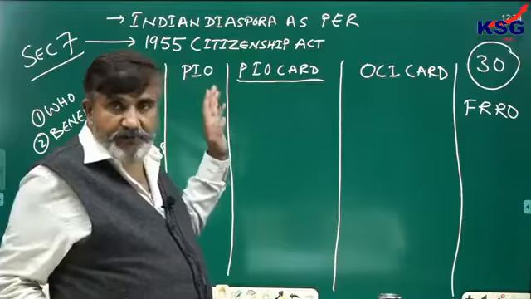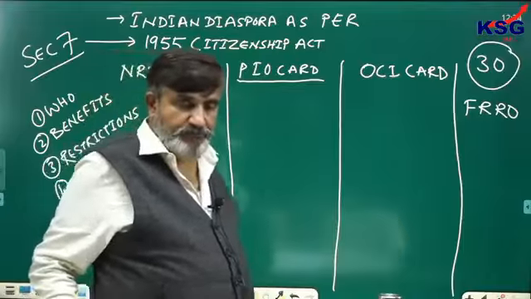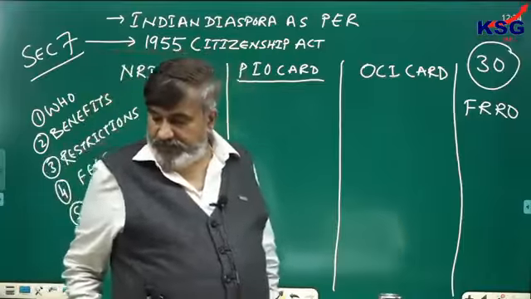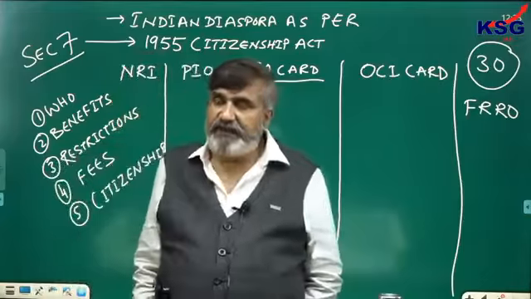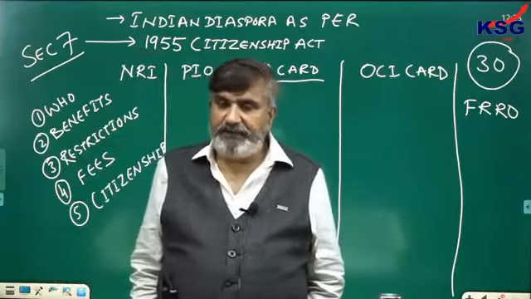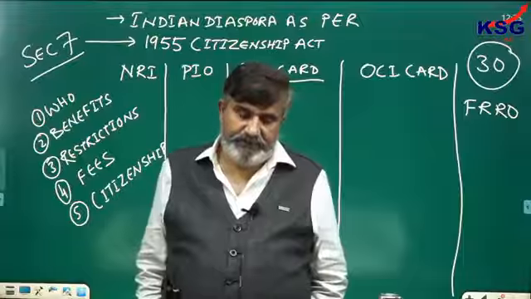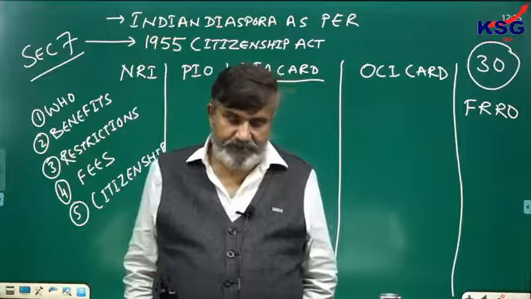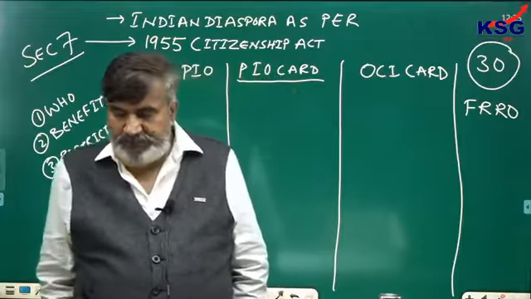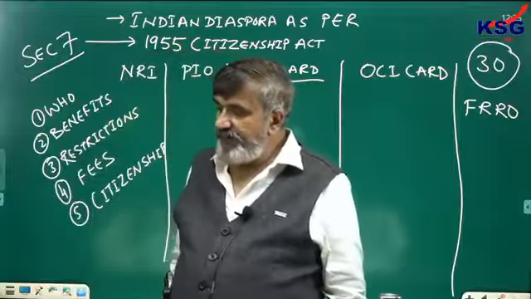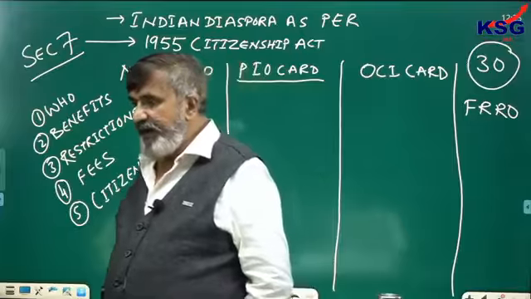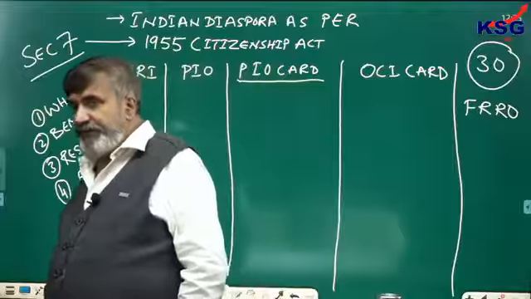So let's write about restriction. NRI, nothing is restricted. PIO, everything is restricted.